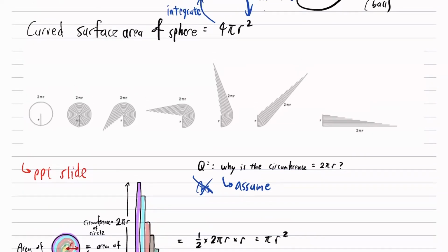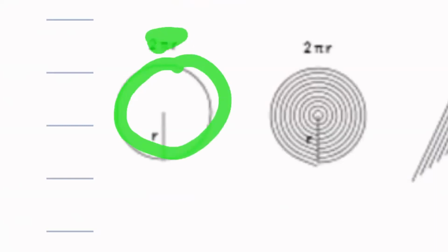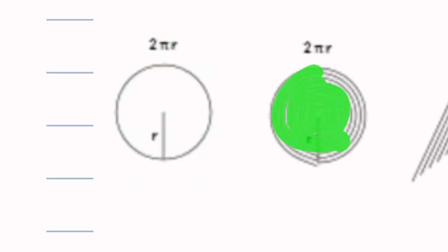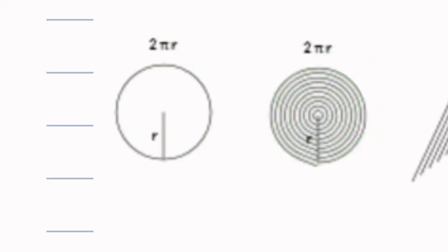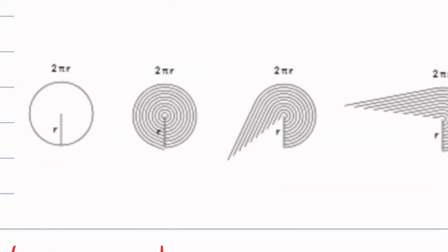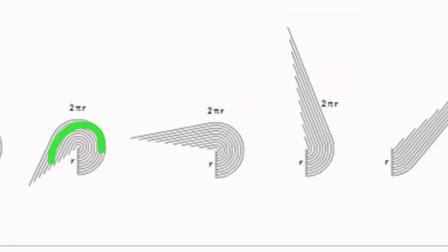Let's take a look at this diagram. First, you start off with a circle, circumference 2 pi r, radius r. What we do is we split it up into many what we call concentric circles, like this. They all share the same center. Then we slowly unravel it, like this.